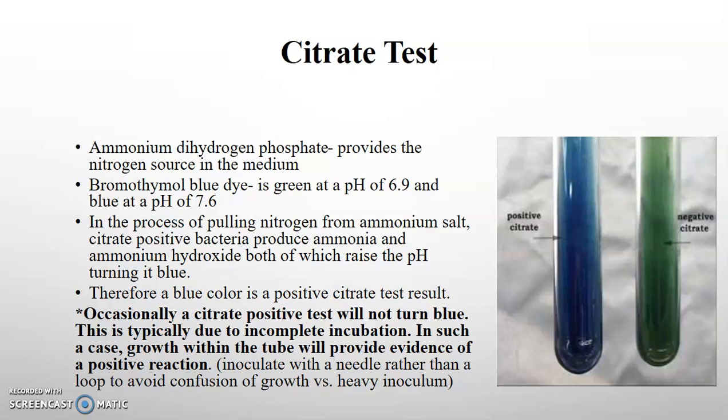So you can't always just look at the test tube and say, oh, it's green, it's negative. Look at it and see if you actually see growth, because if it's still green but you see bacteria growing, that can still be a positive result. We would definitely always like to see a nice blue positive result, but that doesn't always happen.